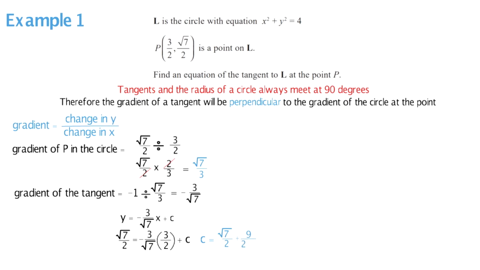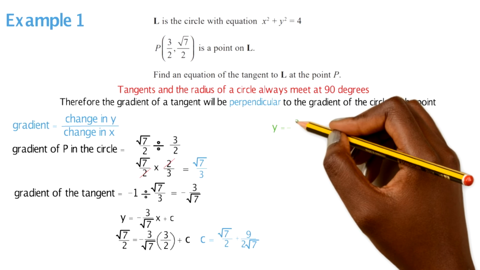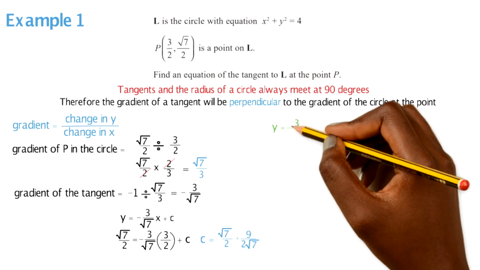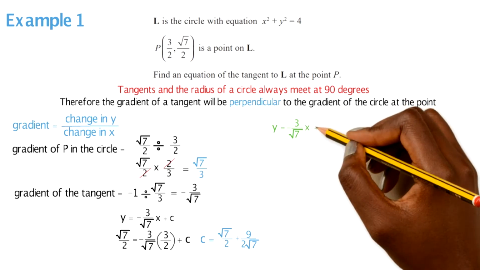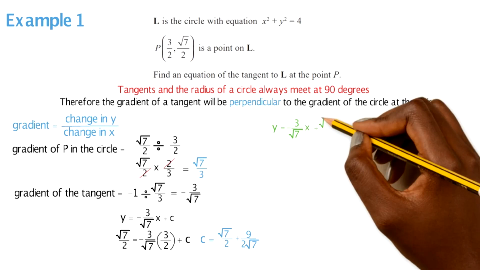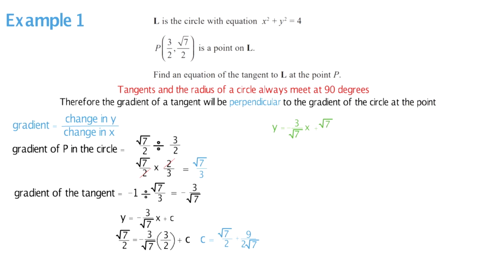And we can't simplify this any further, so we'd leave it like this. So we have our c, we have our m, and so your final answer for the equation of the tangent will be y is equal to -3/√7 x, because that's our gradient, and then plus c, which is plus √7/2 plus 9/2√7.